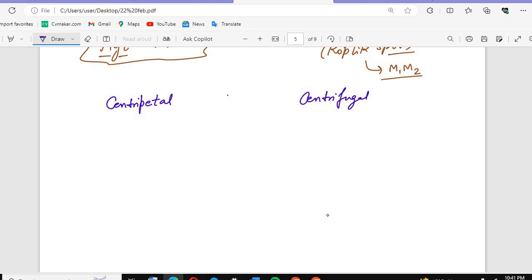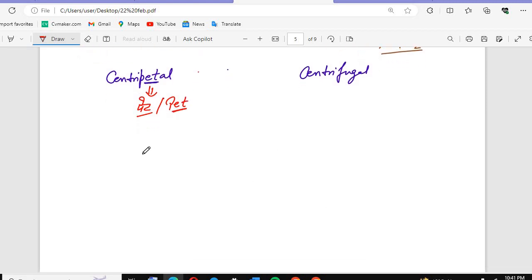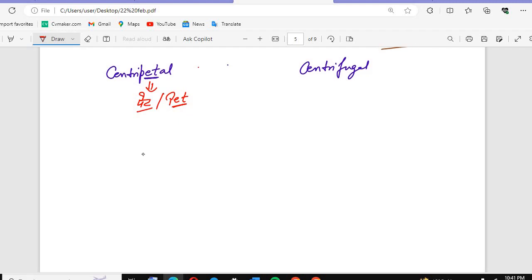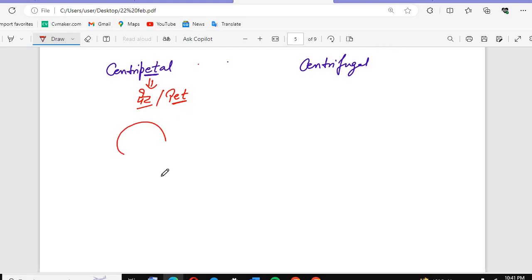For centripetal, remember the pat, any pat. So what you have is the pat, then we have the centripetal. I think I need to make a diagram.